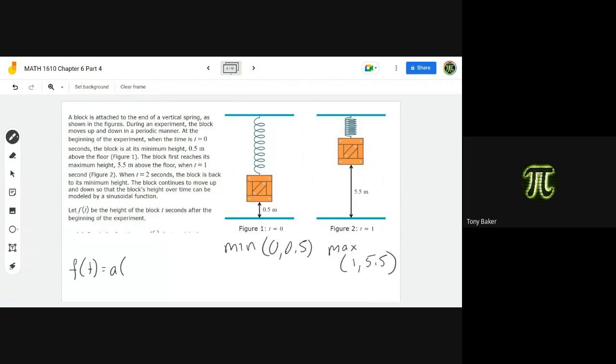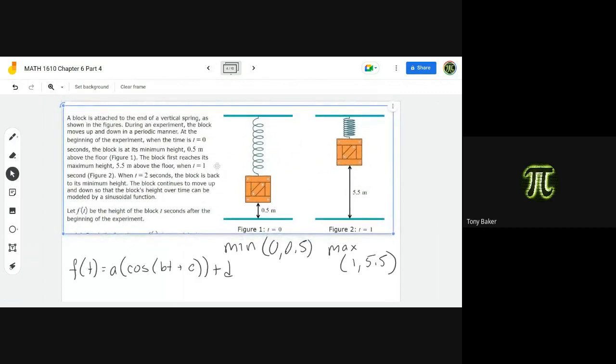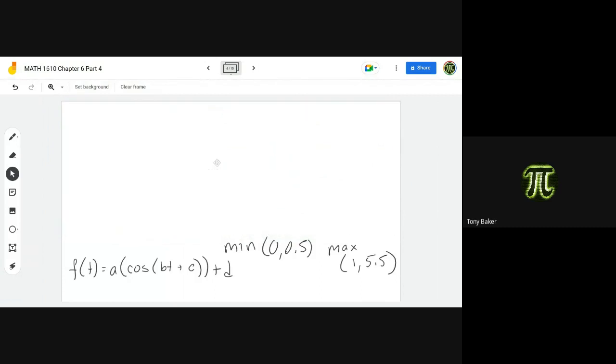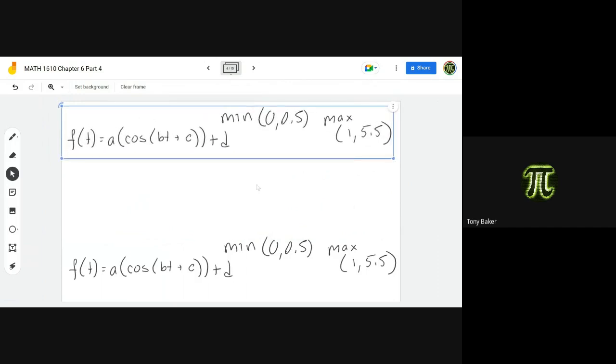So I need to figure out A, B, C, and D, using cosine: A cosine of B of t plus C, plus D. So I have to come up with all those letters now.